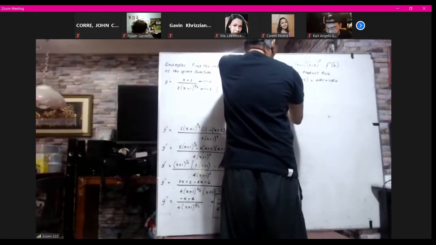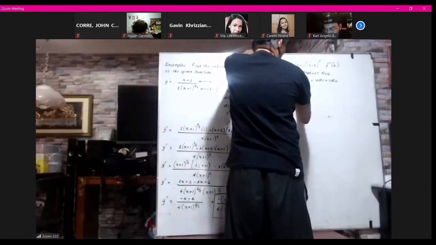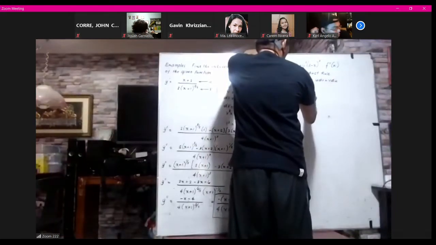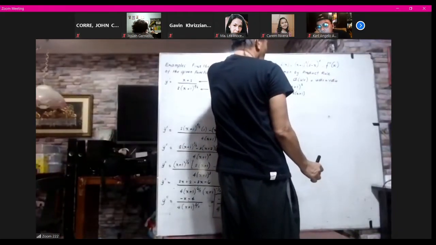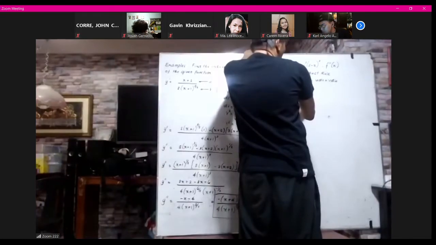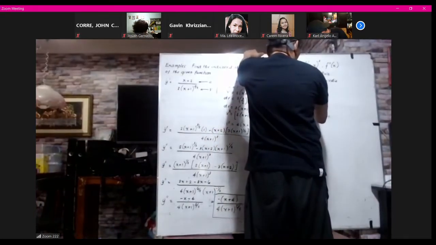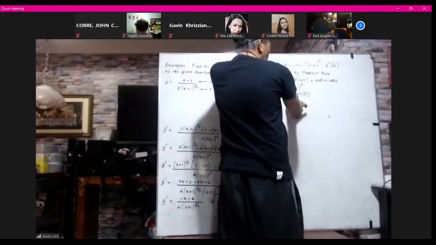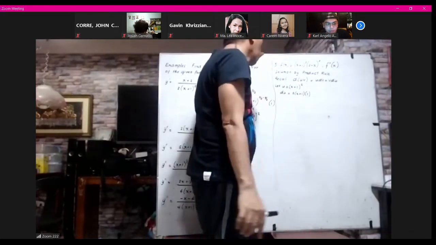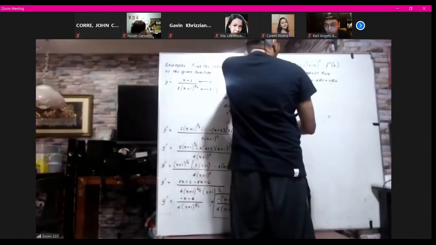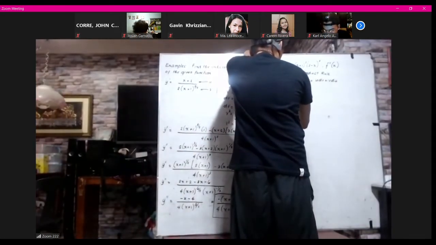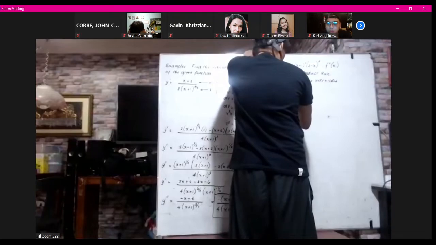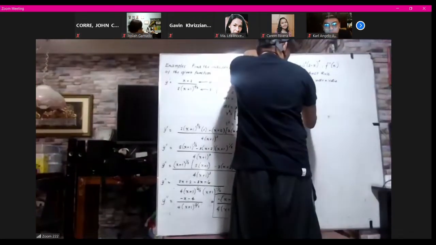Derivative of u equals 2 times (x plus 1). Then 2 minus 1 is 1 again. Then multiplied by the derivative of x plus 1 equals 1, because the derivative of x is 1 and the derivative of 1 is 0. 2 times 1 na lang siya. Therefore, ang value natin ng derivative of u equals 2 times (x plus 1).